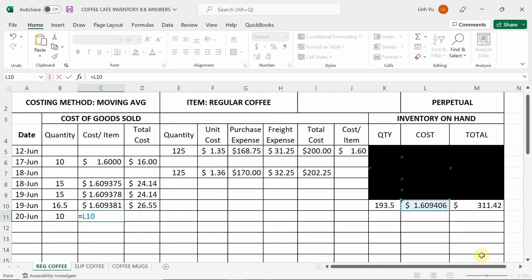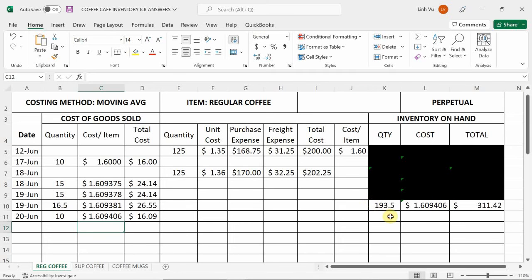So how much is my total cost of goods sold if I sold 10 pounds at 1.609406? $16.09. 16 and 9 cents. Good.